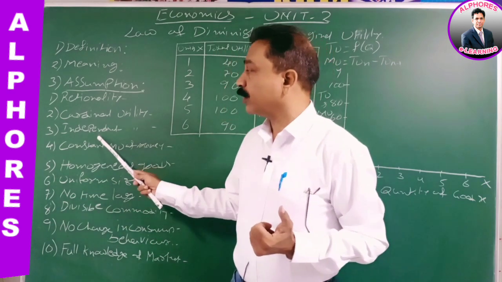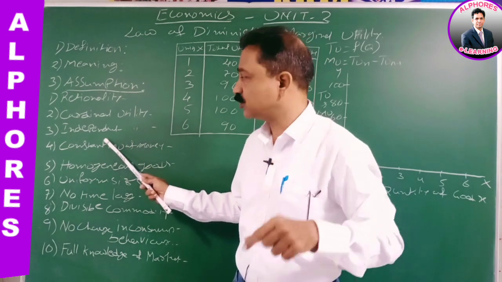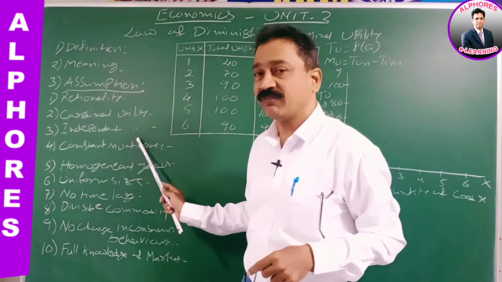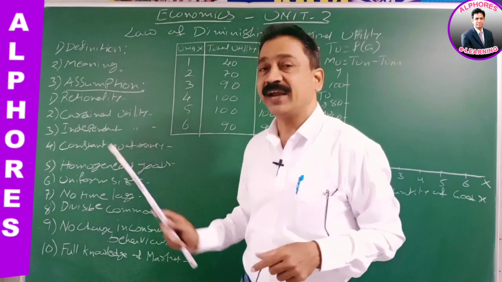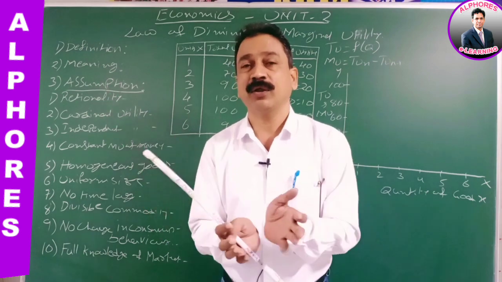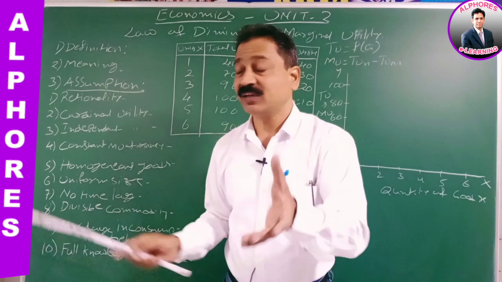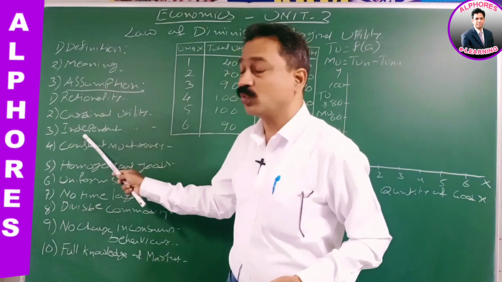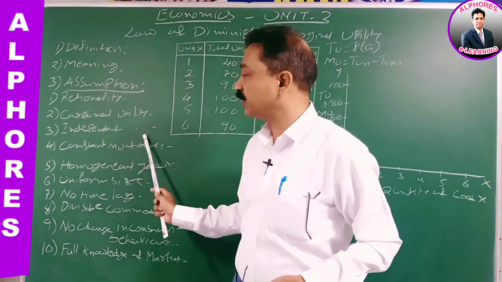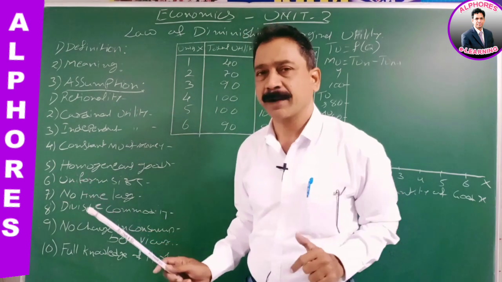But here we assume that whatever commodity we use, the utility is independent. In general, they are not independent, they are complementary. Plenty of things come together and make a cup of tea. But here the assumption is what? We use commodities whose utility is independent, not depending on anything else.